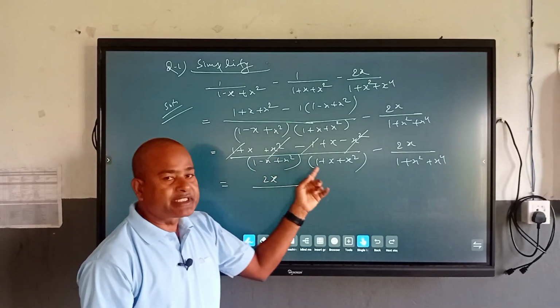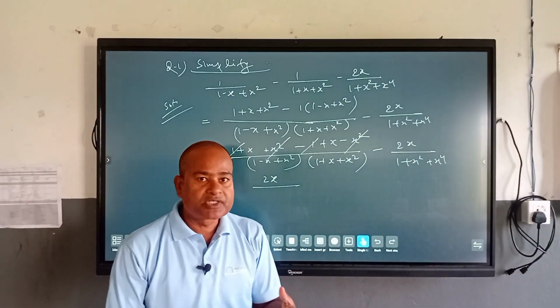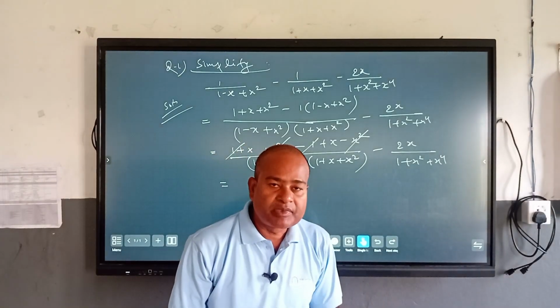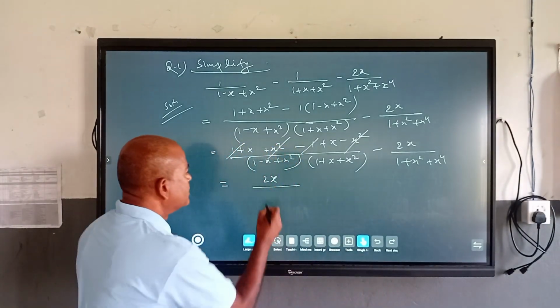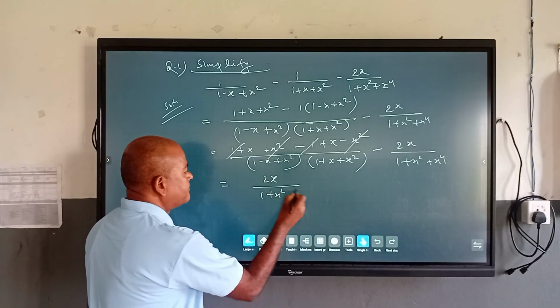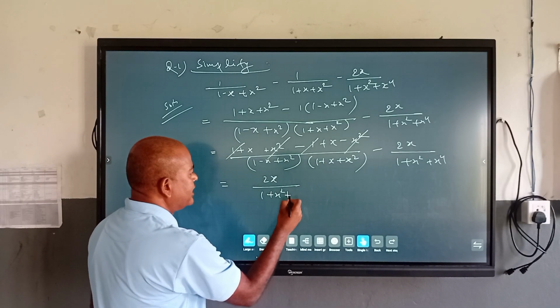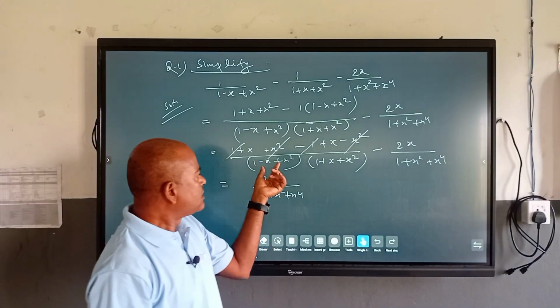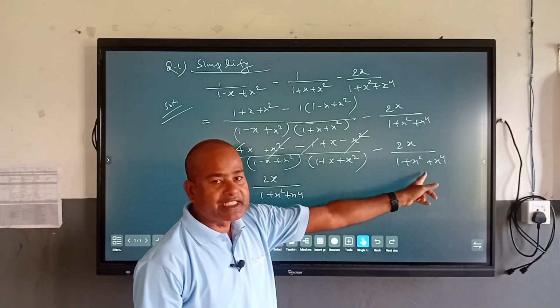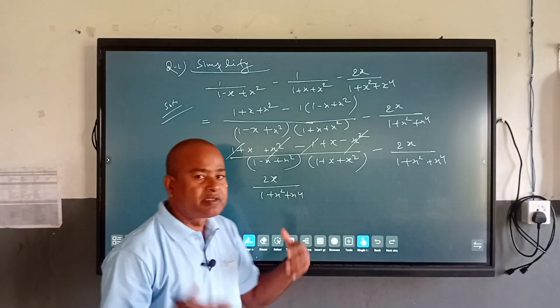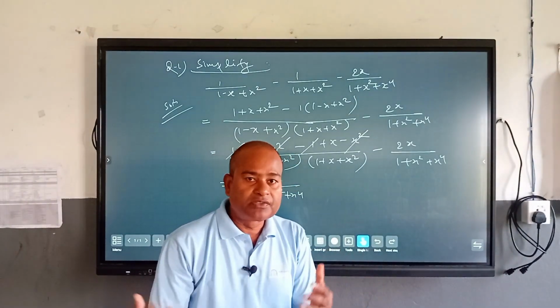If we combine 1 minus x plus x square and 1 plus x square, the product will be exactly 1 plus x square plus x power 4, which we can check by multiplication in the rough.